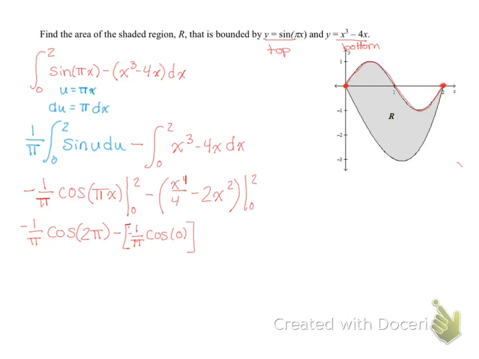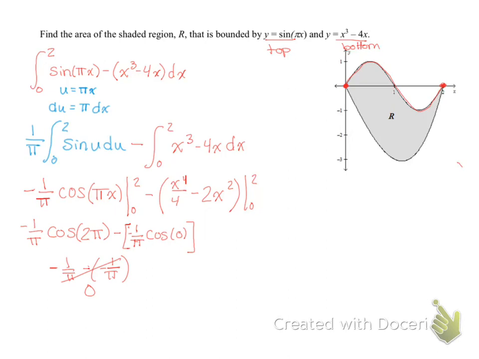Well, cosine of 2 pi is 1, so I have negative 1 over pi minus, cosine of 0 is still 1, so minus negative 1 over pi. Well, those just cancel each other out and you get 0.